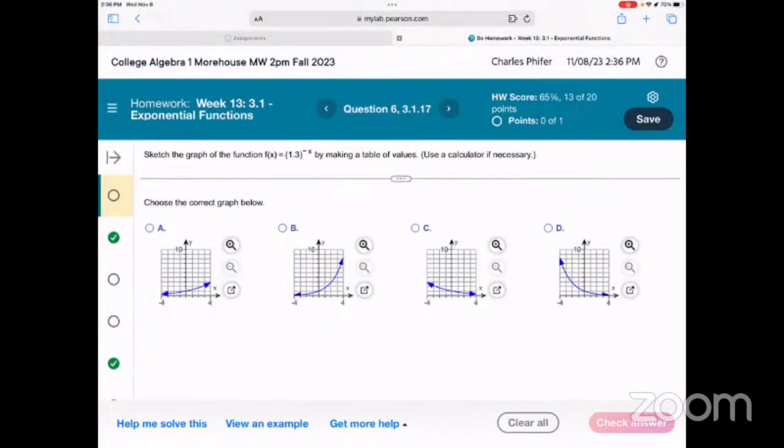Let me see. Okay. When x is -1, the corresponding y should be 1.3, I believe. That doesn't look like a 1.3.